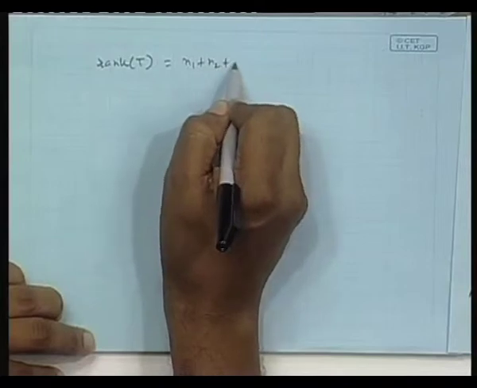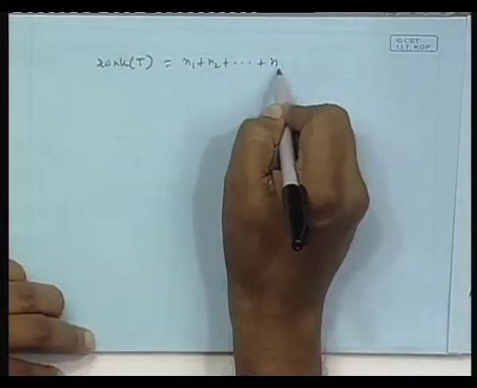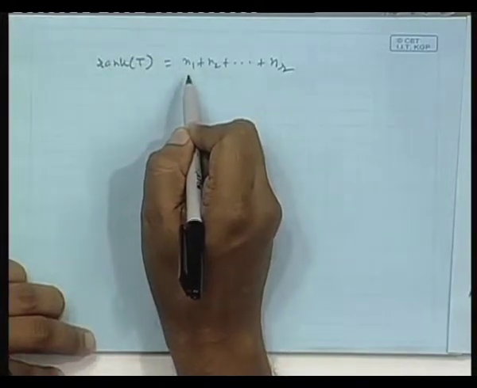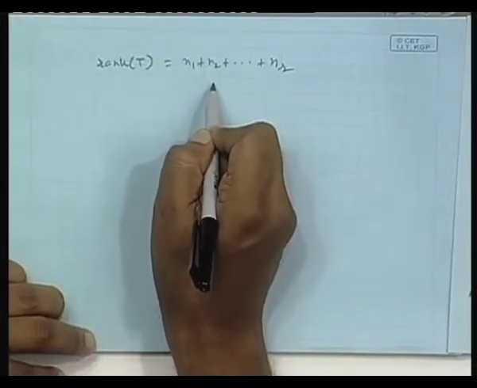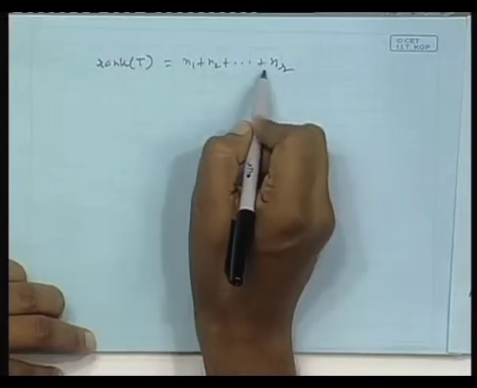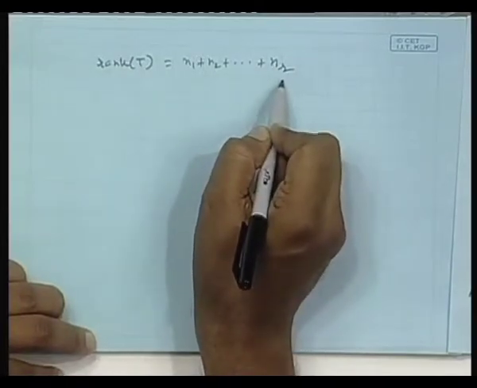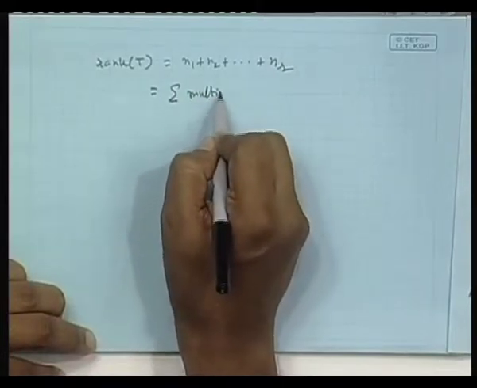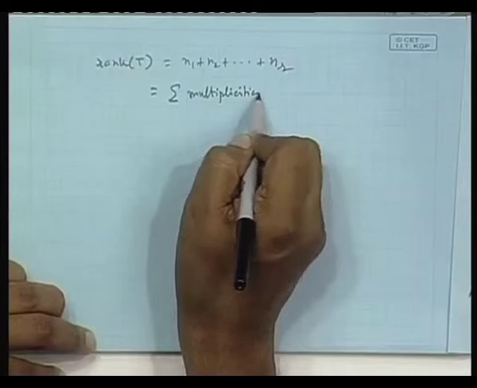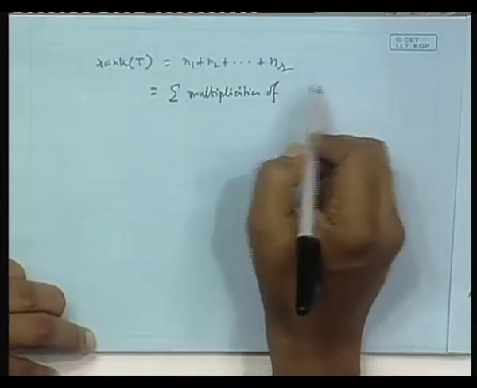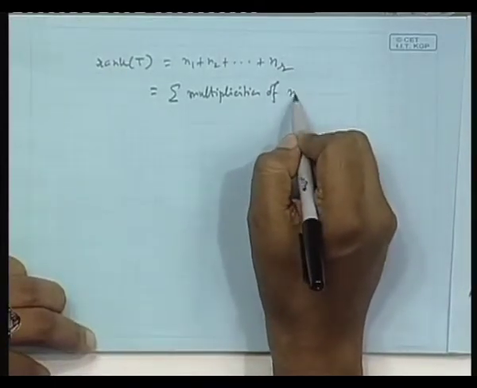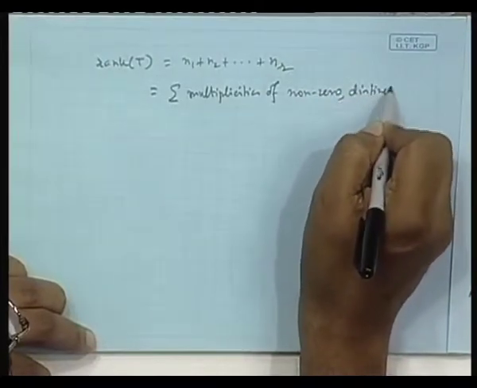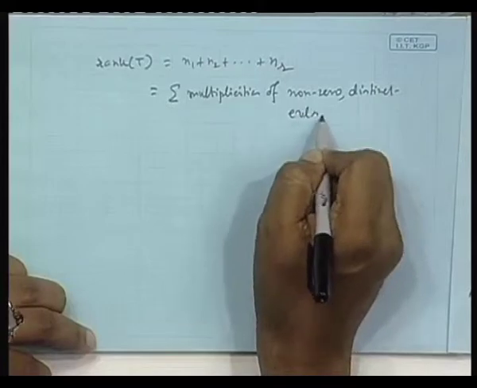n1 plus n2 plus dot dot plus nr. There is the multiplicity of a non-zero eigenvalue, say λ1, plus the multiplicity of another non-zero eigenvalue λ2, plus dot dot dot, the multiplicity of another non-zero eigenvalue. So that means the summation of multiplicities of non-zero distinct eigenvalues.